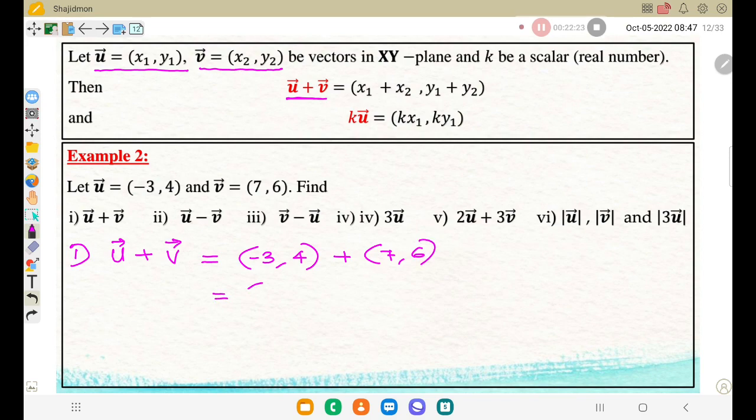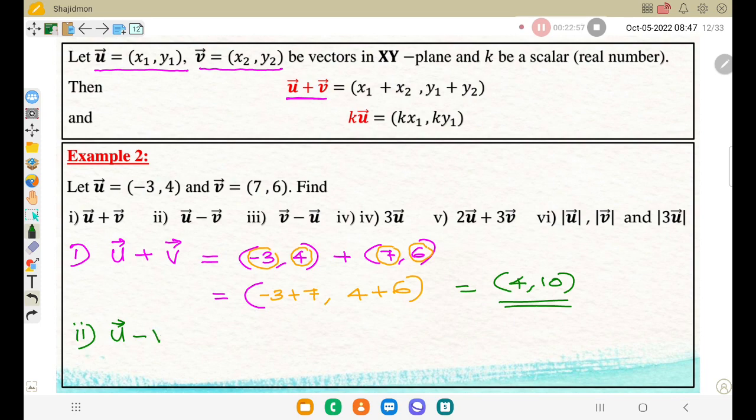Now how to add? As I told, x numbers add. What are the x values here? Minus 3 and 7, so minus 3 plus 7, comma, and the y numbers 4 and 6, so 4 plus 6. The answer is minus 3 plus 7 means 4, and 4 plus 6 means 10. So this is the u plus v vector. Now the second part, u minus v.